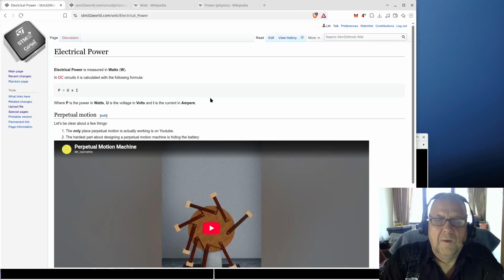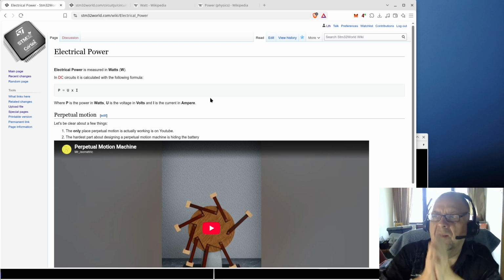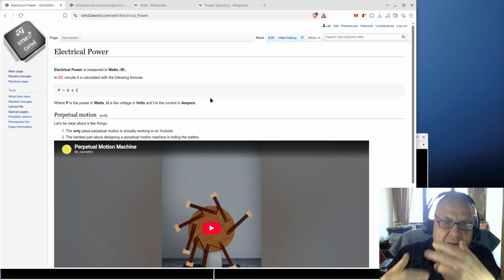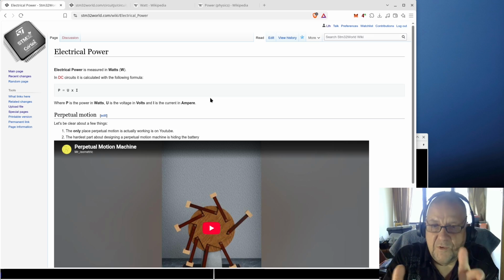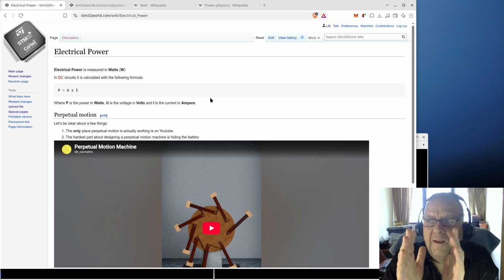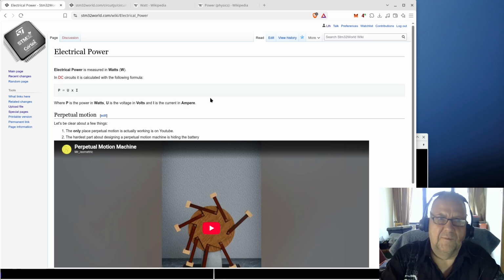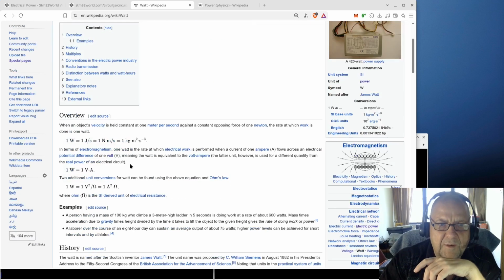So electrical power is measured in watts, and it's a value of how much power is dissipated in or flowing through a circuit in a given time unit. If we look at the watt article on Wikipedia, you can see that 1 watt means that 1 joule is either dissipated or generated in each second.